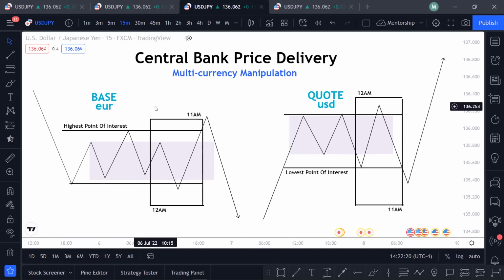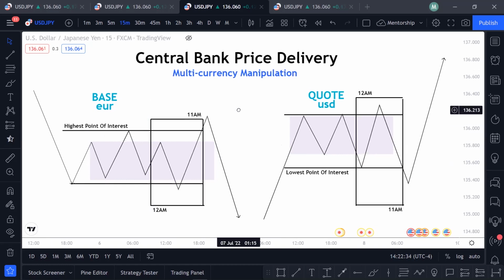What time of the day am I looking at this currency to be manipulated? Now, have your eyes on the charts. If they want to make a lot of money, if they want to manipulate currencies, these currencies will be manipulated at the very same time.